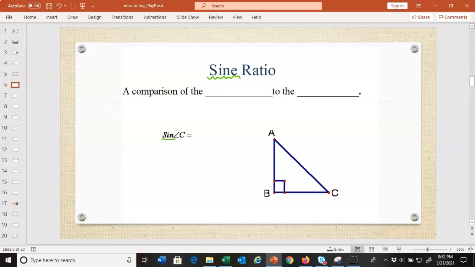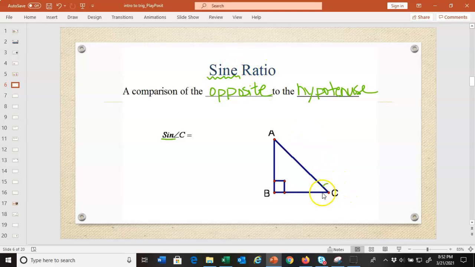The others are longer. So the sine ratio, or the sine fraction, is a comparison of the opposite to the hypotenuse. So we're just going to write that as a fraction because that's what a ratio is, right? And again, it's totally up to you.